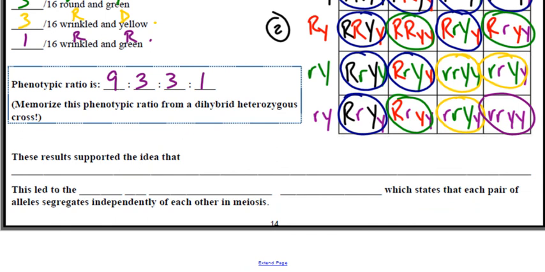So when he found this F2 generation, having this 9-3-3-1, similar to what he did with the monohybrid cross, this supported the idea that traits are transmitted to offspring independently of one another.